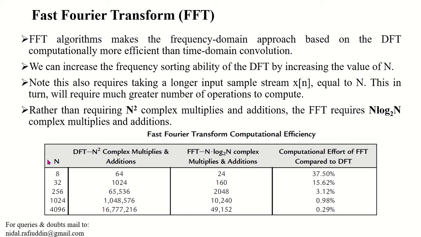On further increasing the size of the sequence, we can see that the computational effort of FFT decreases considerably, and it reduces to 0.29% for 4096 samples. So this is an excellent approach to reduce the computational cost that was originally required in case of DFTs.